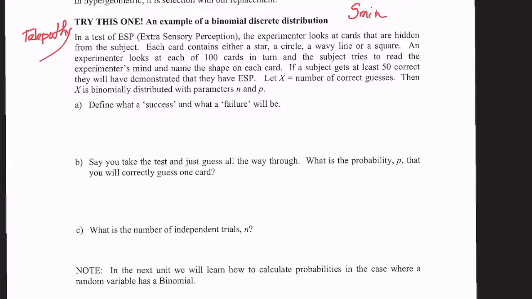The experimenter is going to look at cards that are hidden from the subject of the experiment. Each card contains either a star, a circle, a wavy line, or a square. An experimenter looks at each of the 100 cards in turn, and the subject tries to read the experimenter's mind and name the shape on each card. Okay, so that's the experiment.